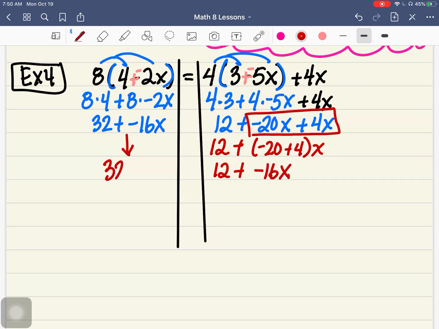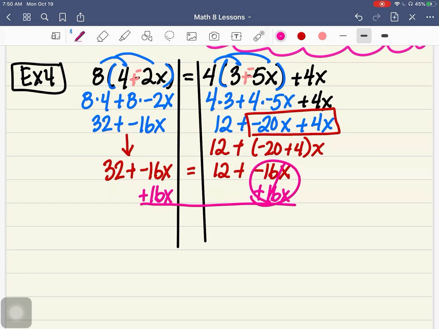So I'm going to bring the other side down so they're on the same level. Some of you may see it. I've got the exact same variable part, so if they're exactly the same, I know they're going to cancel each other out. But this time I get 32 equals 12.